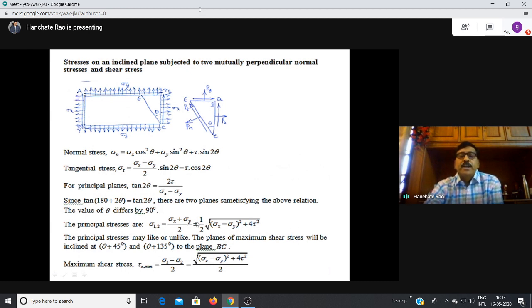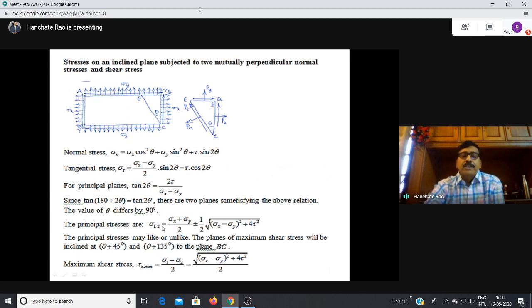If you take the plus sign, you get the major principal stress sigma 1. If you take the minus sign, you get the minor principal stress sigma 2. The maximum shear stress is sigma 1 minus sigma 2 by 2, or otherwise under root of (sigma x minus sigma y) whole square plus 4 tau square, by 2.